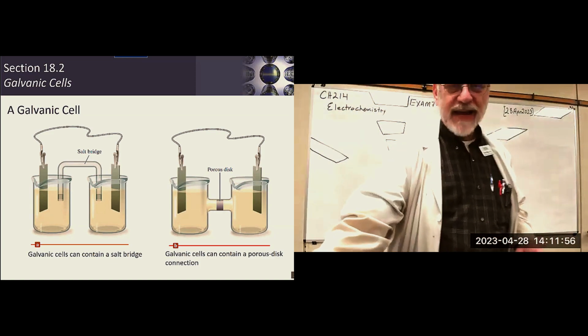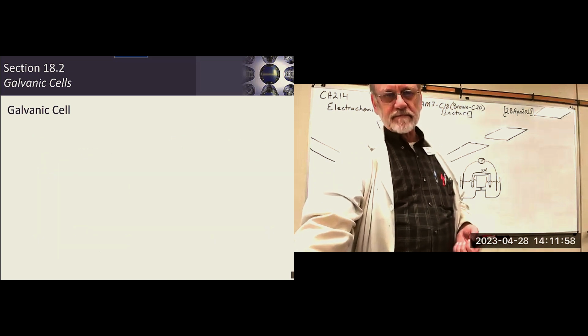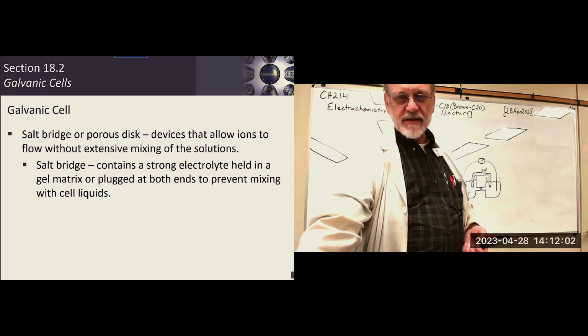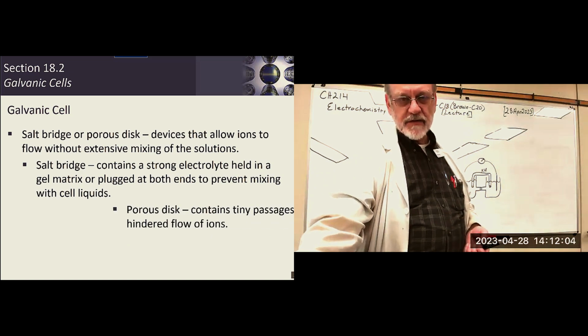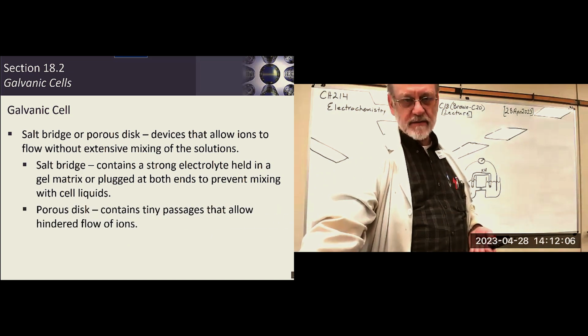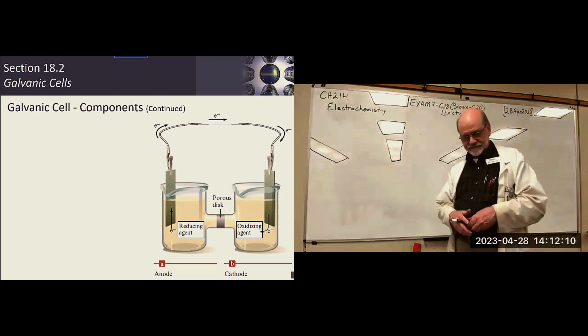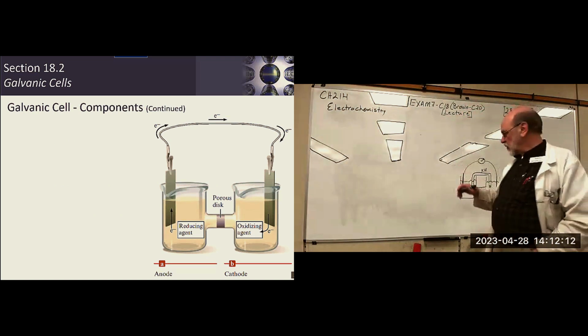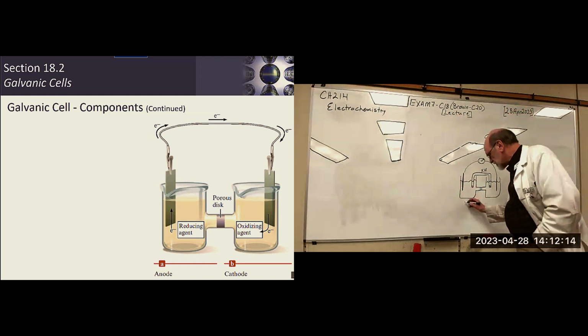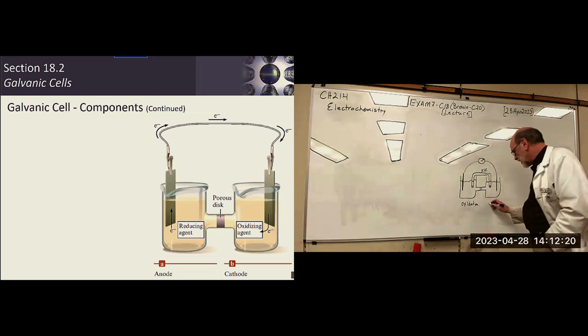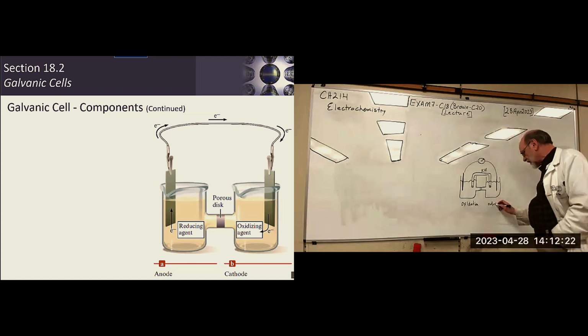Okay, this is a galvanic cell. Right, there's a salt bridge, there's a porous disk. By convention, we always have the oxidation step on the left-hand side, and the reduction step on the right-hand side.